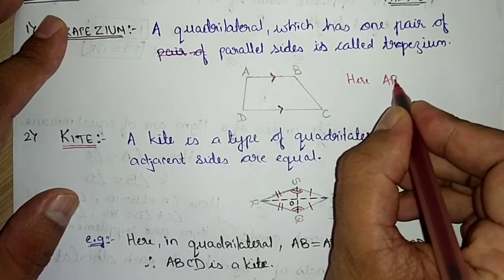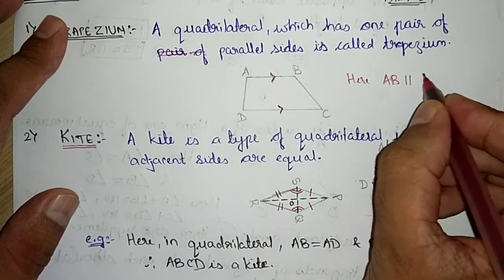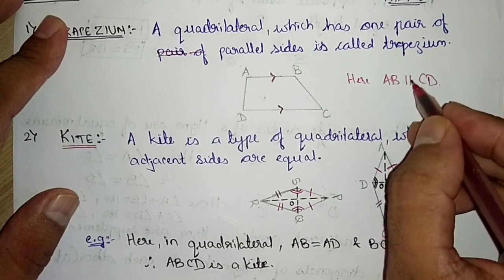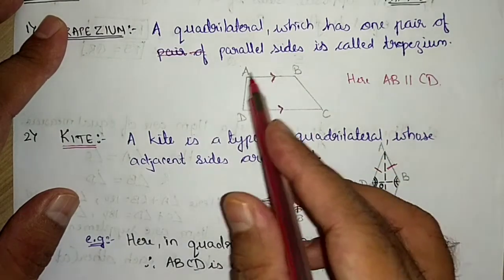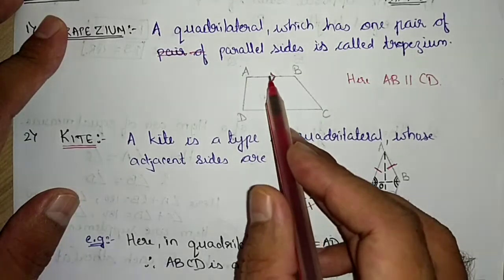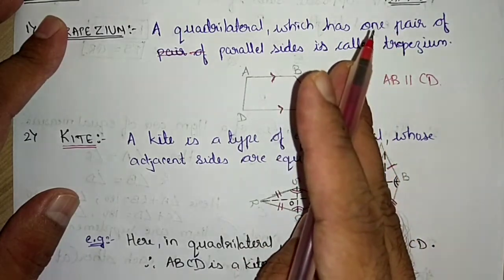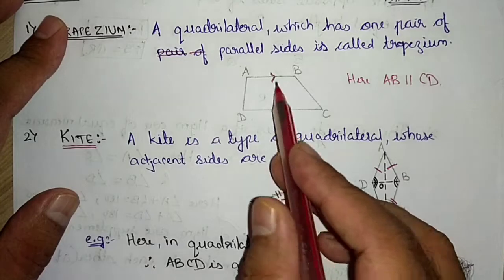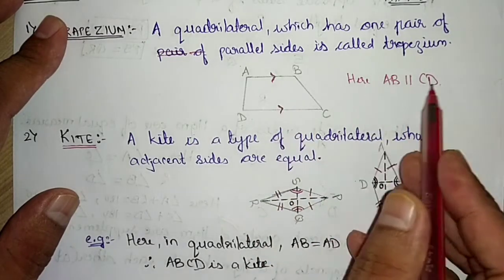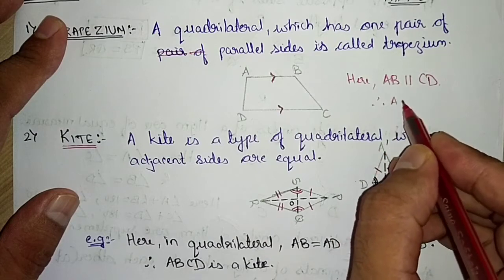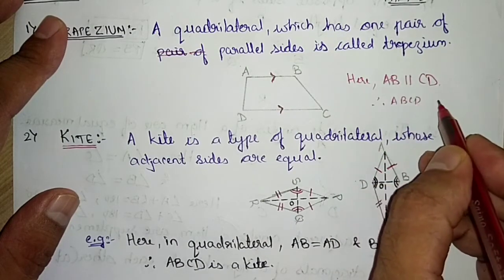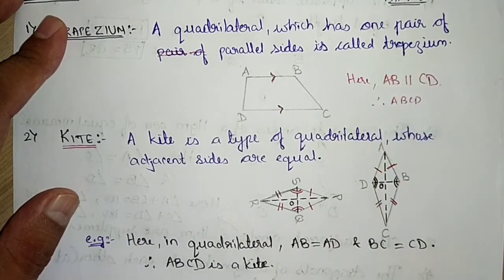Here AB is parallel to CD. This is the symbol for 'is parallel to'. So whenever they give you a quadrilateral and one pair is parallel, we can say that ABCD is a trapezium.